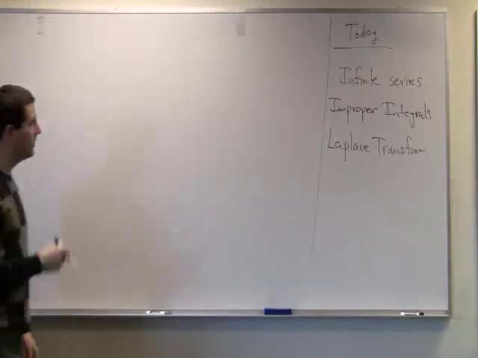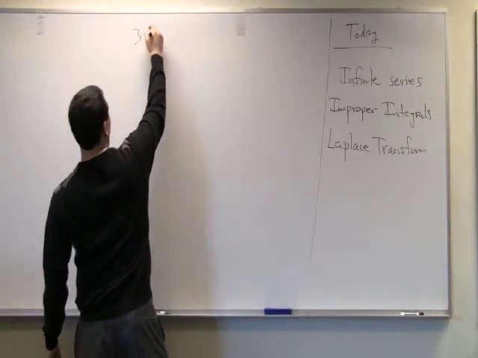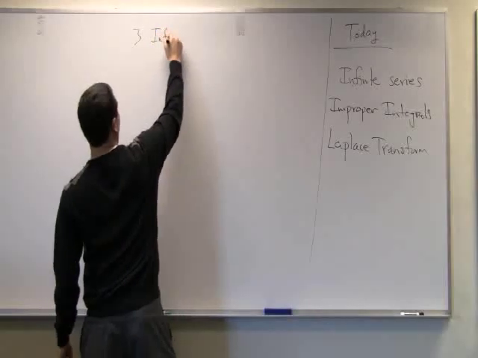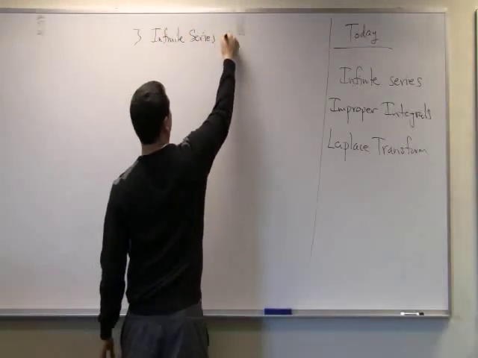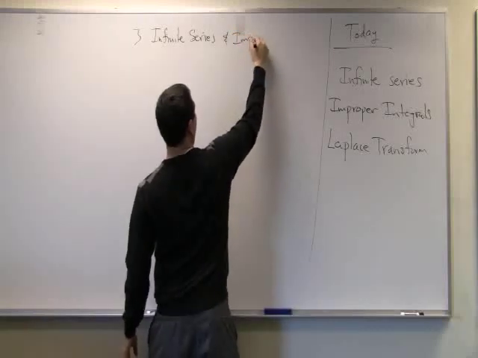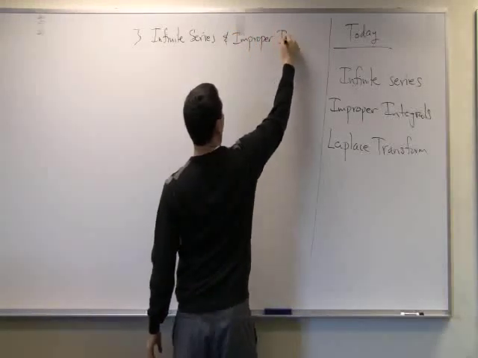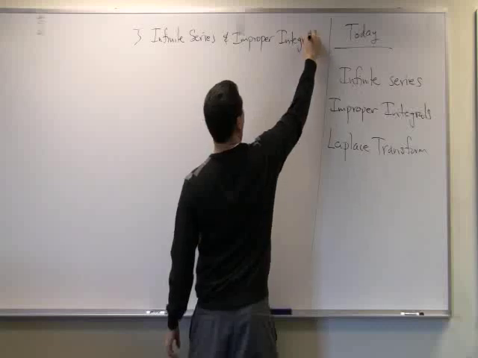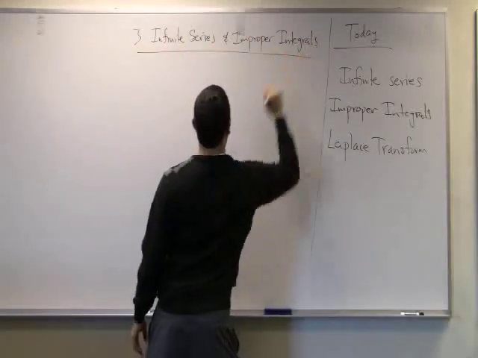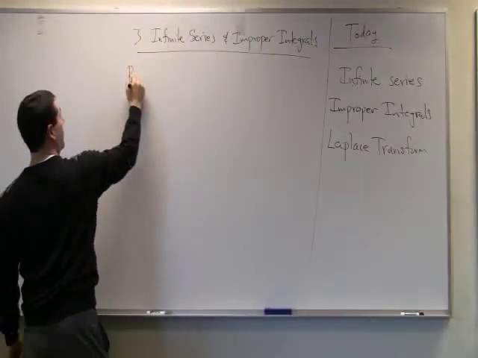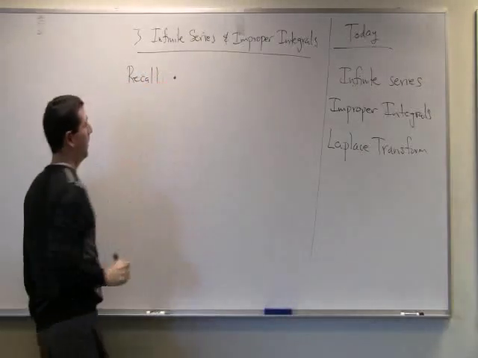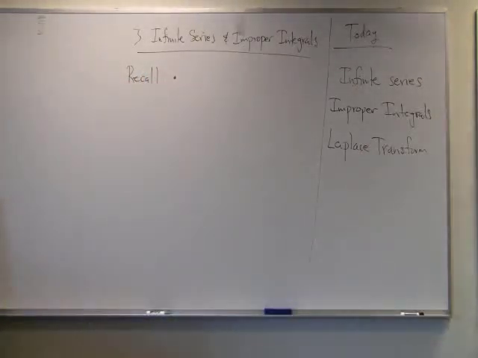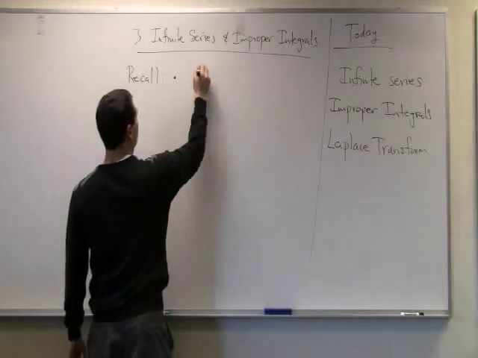So let's see, infinite series. This is our next section, section 3. Infinite series, improper integrals. All right, so first, just a little bit of notation, which I'm sure you're all quite familiar with.